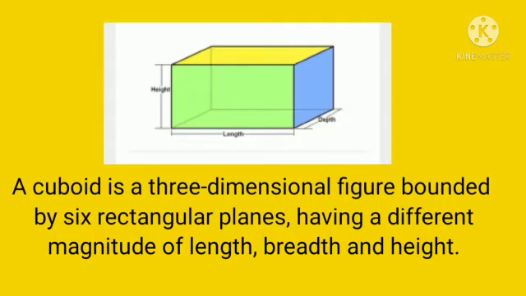Total surface area of a cuboid. A cuboid is a three-dimensional figure bounded by 6 rectangular planes having different magnitudes of length, breadth and height.